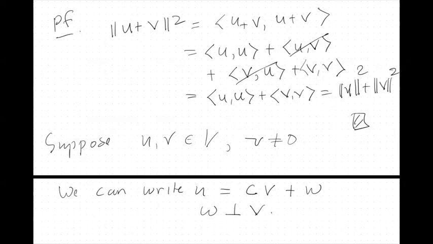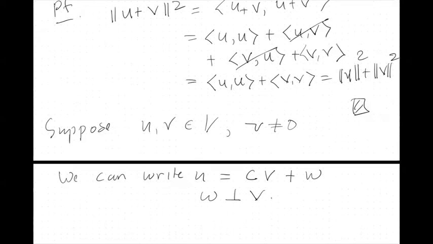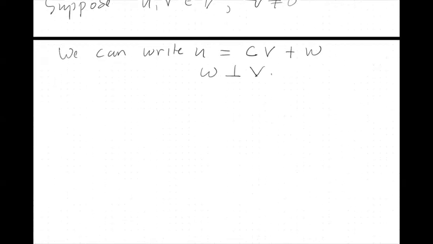Let me draw the picture here. You get the origin, then you get the vector v, and then you extend v up to here. So suppose this is v. This is c times v up to here.